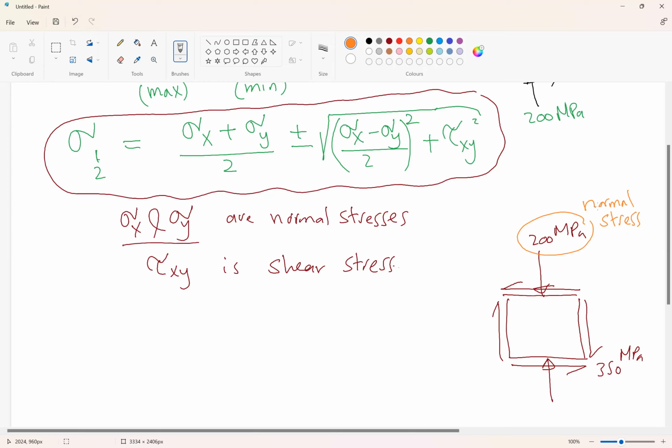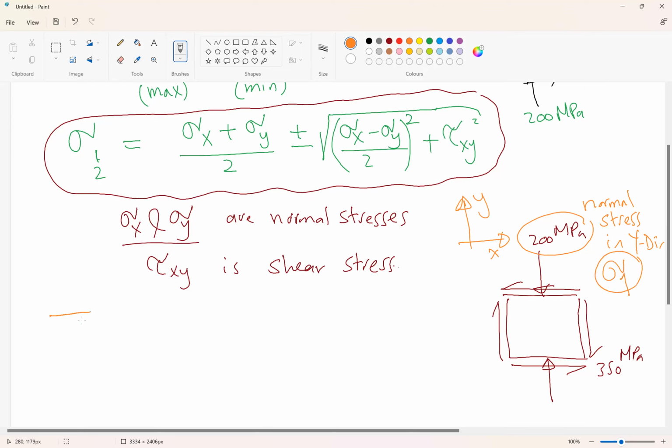Okay, if these are our axes, x and y, is this stress in the x direction or in the y direction? In the y direction. So this is sigma y.